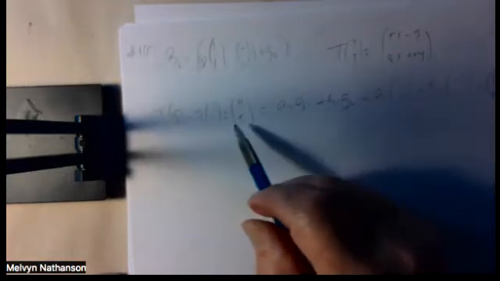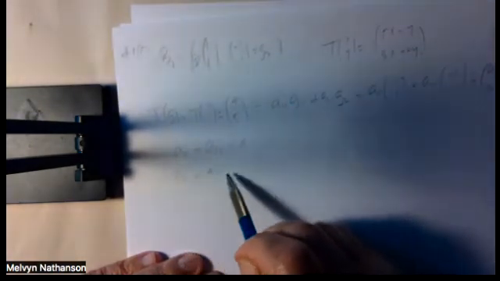If I add these vectors, I get (A11 - A21, A11 + A21). So I have to solve a system of two equations and two unknowns, just a standard high school problem. A11 - A21 is 4.